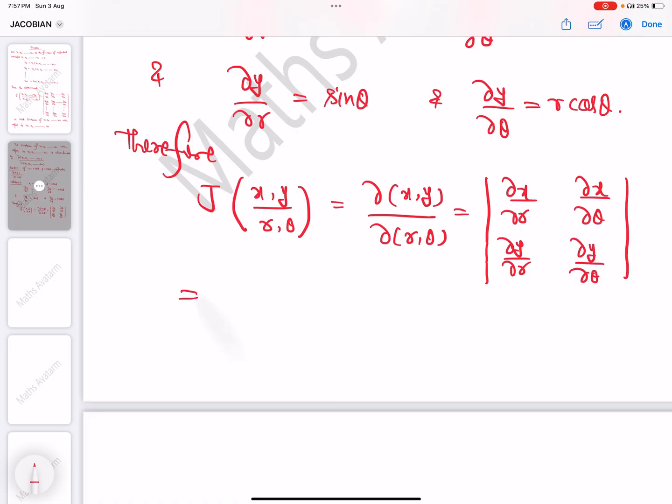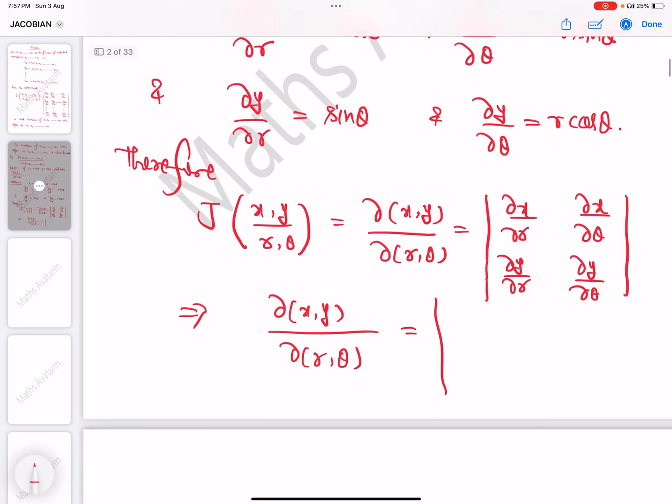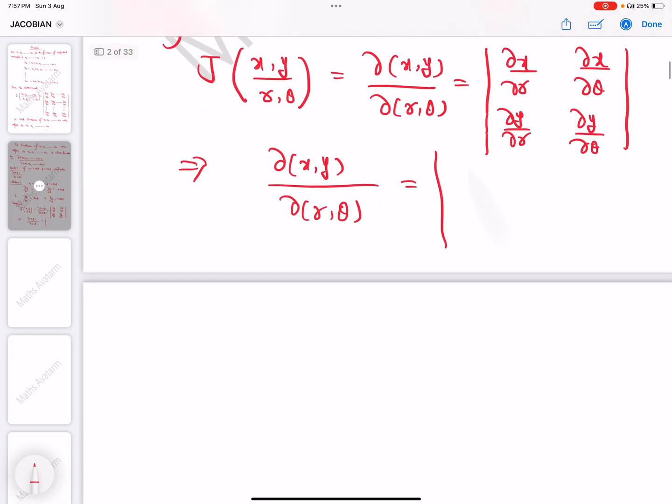So this implies del(x, y) upon del(r, theta) is equal to the determinant: cos theta, minus r sin theta; sin theta, r cos theta. You solve this determinant.